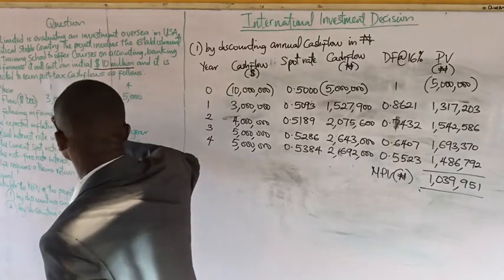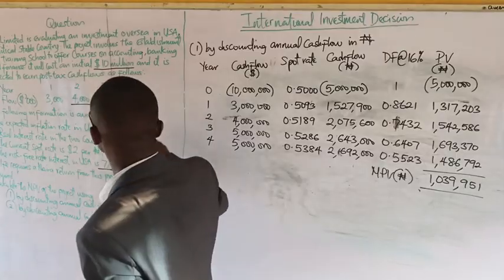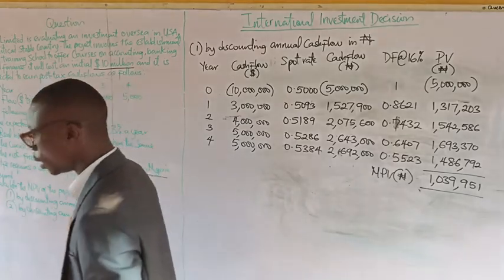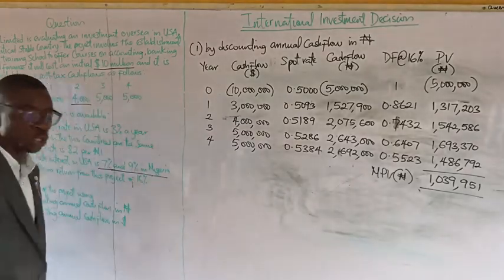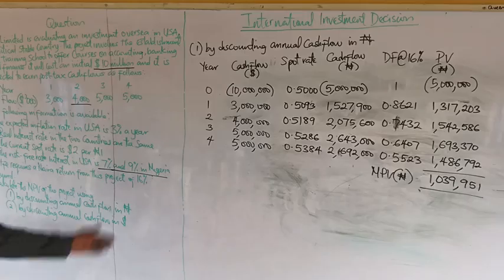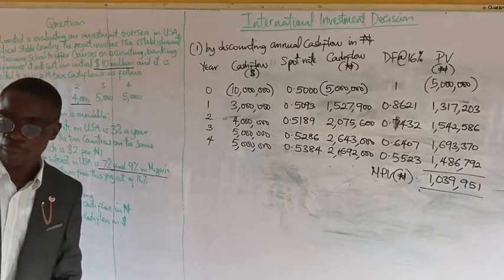If you are given the inflation rate in the US, which is 3%, and you are not given the inflation rate in Nigeria, are you going to use the formula? You use the interest rate, because the interest rates of both countries are given to you. Am I communicating now?